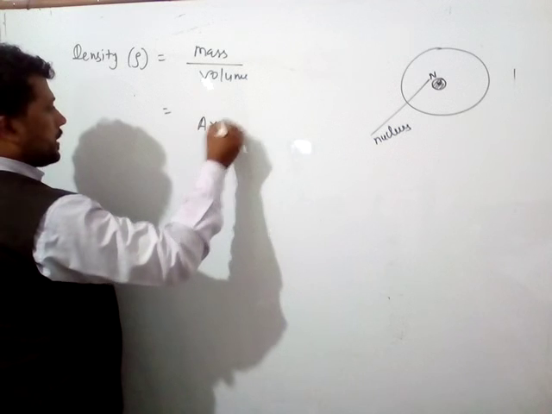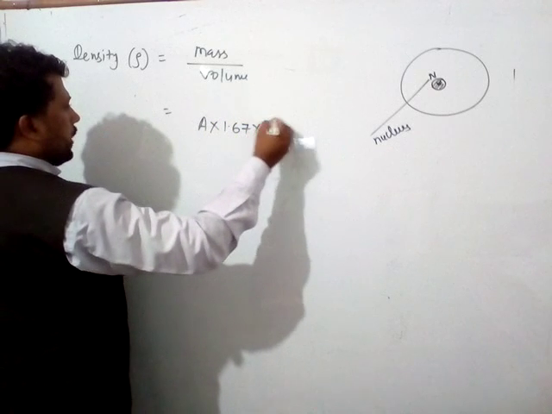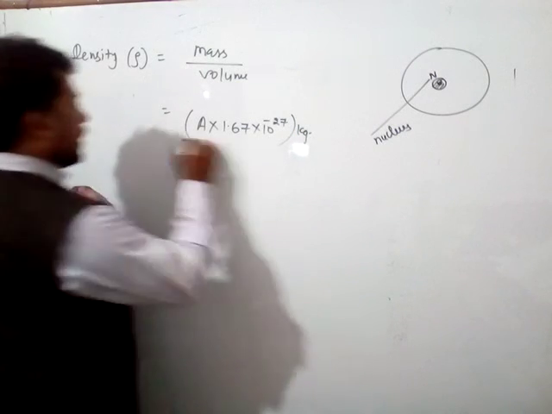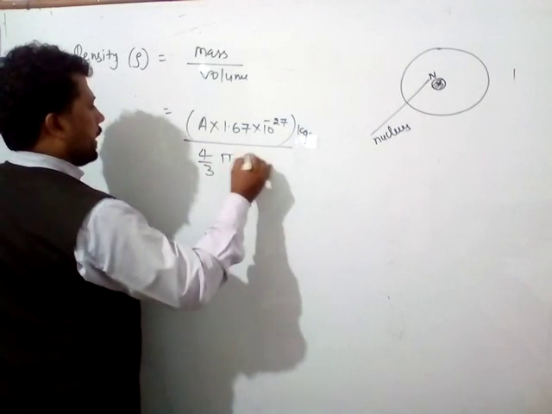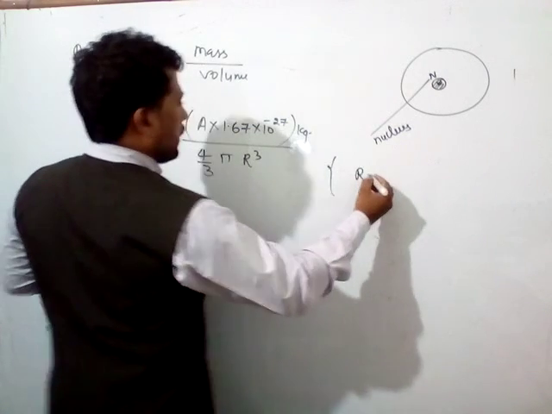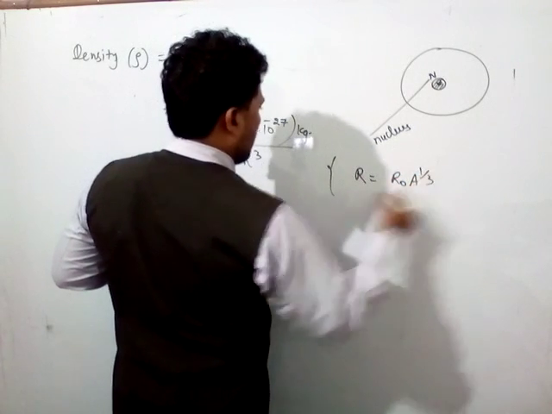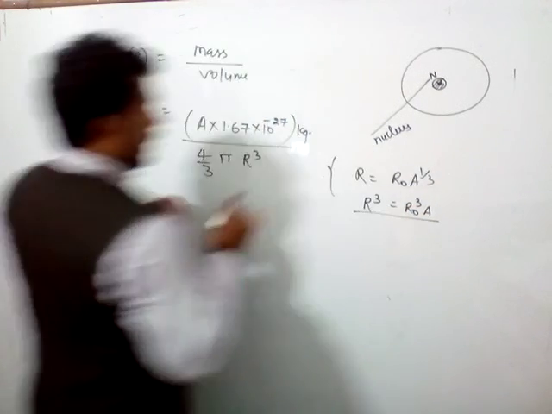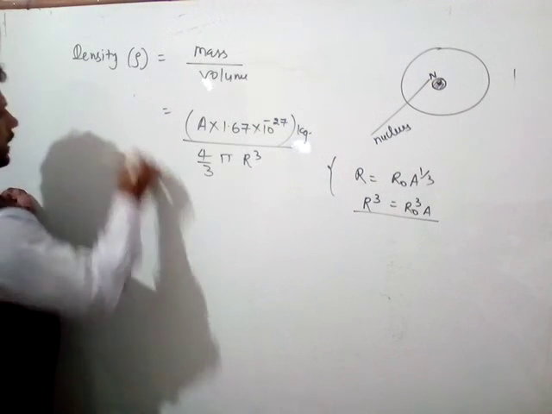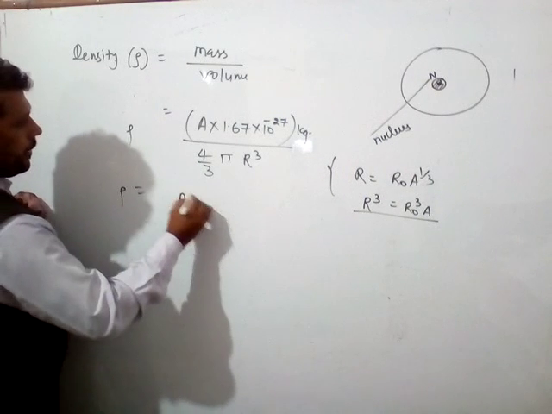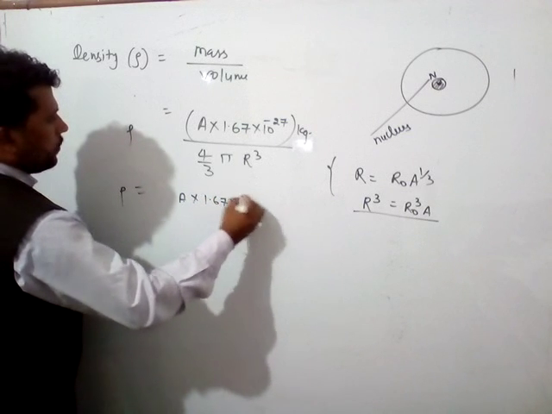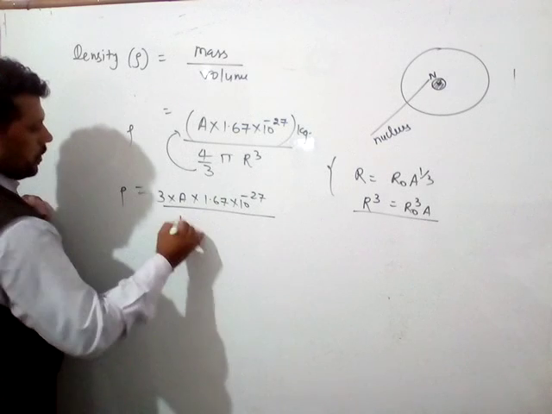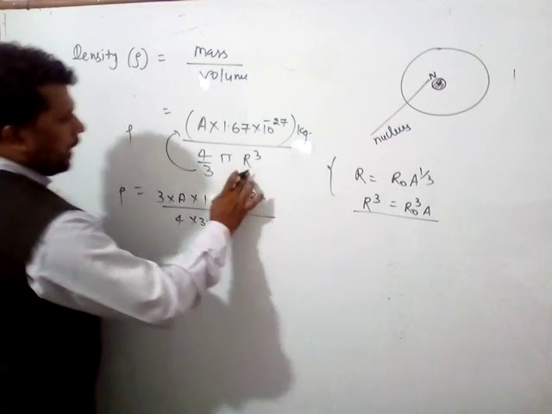If we convert it into kg, it will be A into 1.67 into 10 power minus 27 kg, and volume is equal to 4 by 3 pi r cube, and you know that r equals r naught A to power 1 by 3, so r cube equals r naught cube A.